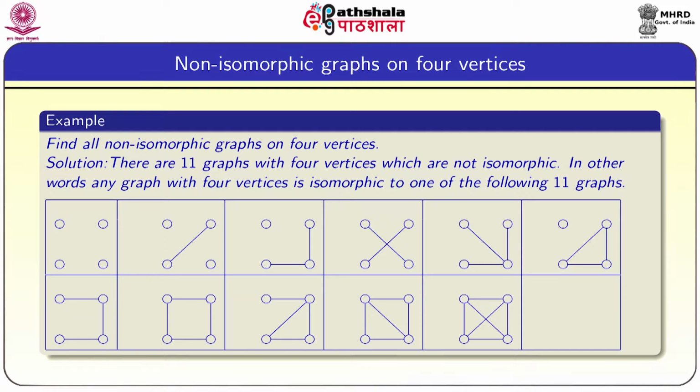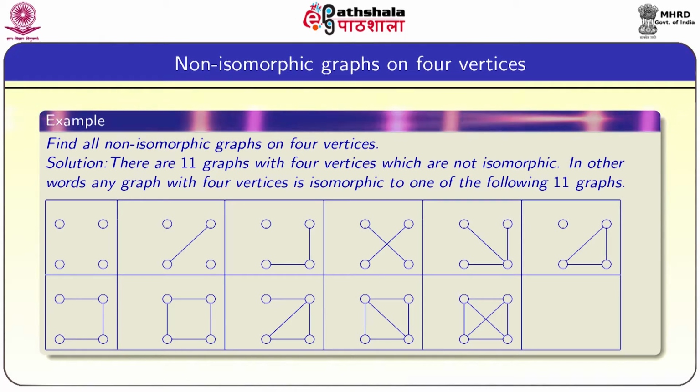Now, look at that, the fourth graph is disconnected. Of course, all these 4 graphs are disconnected, but the degree of each vertex there is 1. It is a regular graph, whereas none of the remaining graphs are regular. So, all these 4 are also not isomorphic, and this graph is also not isomorphic to the other graph. In this way we can check that all these 11 graphs are not isomorphic.